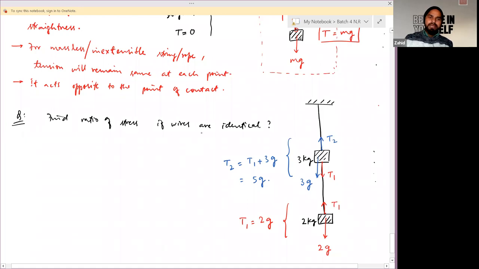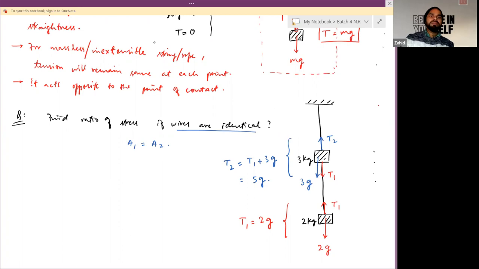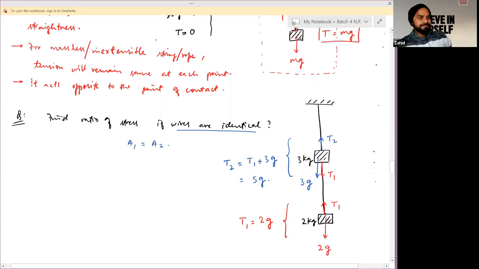Now, since wires are identical, it means area of cross section of first and area of cross section of second will be equal. Now apply the formula for stress and take the ratio. Try to solve. Let's say this is your wire first and this is your wire second.